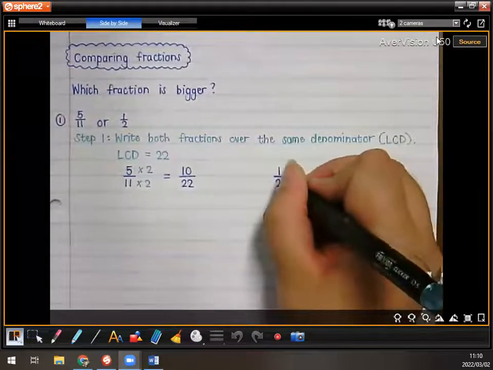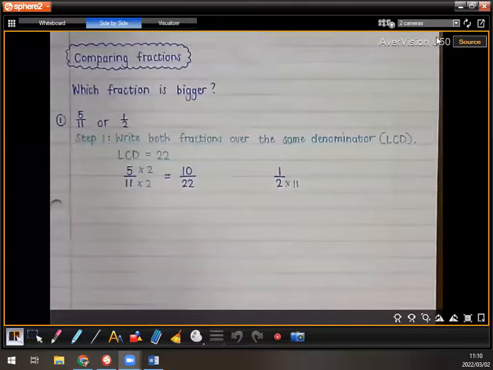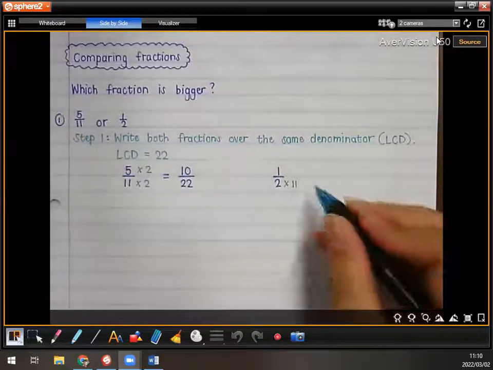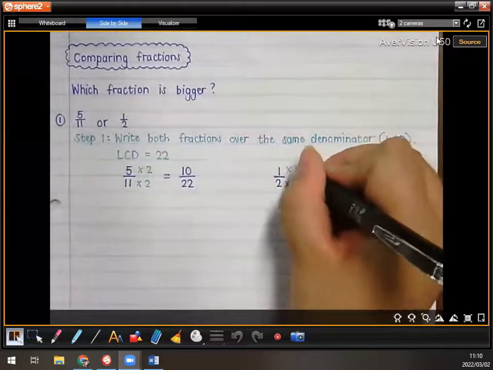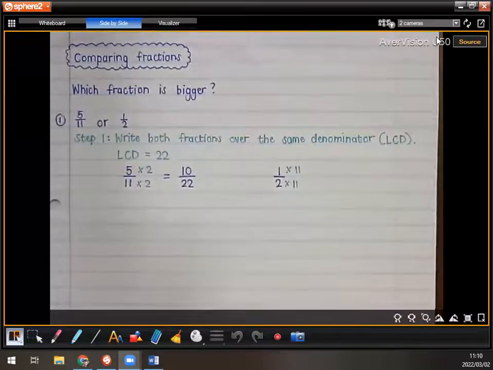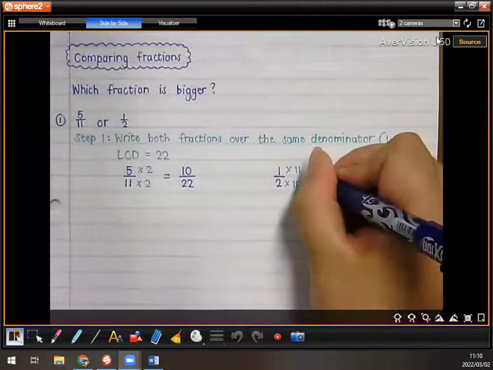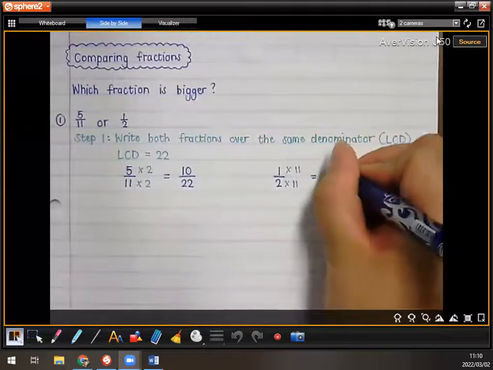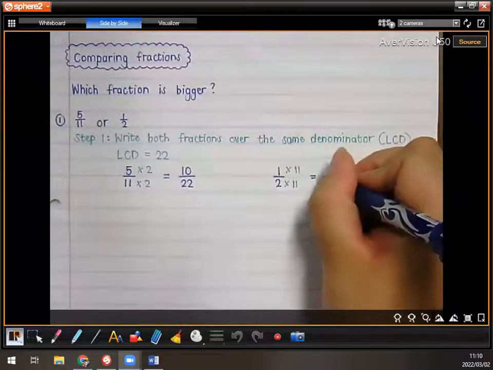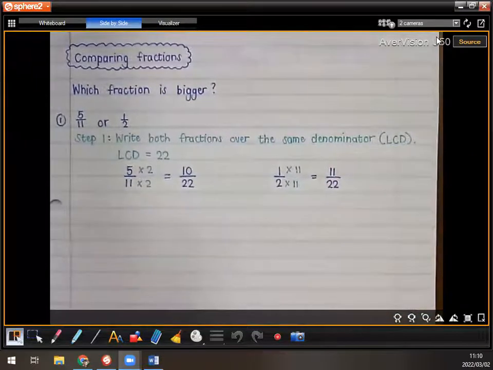Alex? 11. Thank you. And then I will do the same thing at the top. So just what we did when we added and subtracted them. So now I'm getting 1 times 11 is 11 over 2 times 11 is 22.